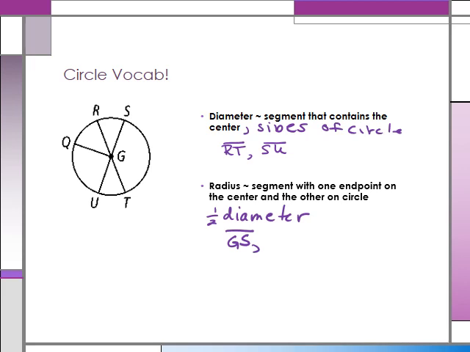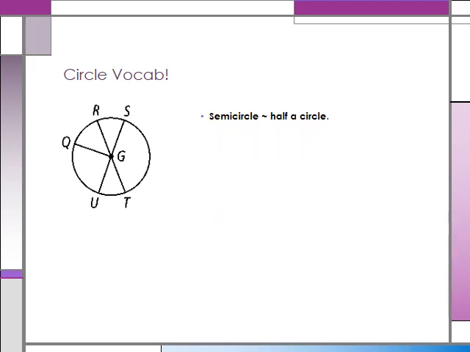We could have GT, GU, QR, GR, looks like I missed one, GQ. Okay, and the G's don't necessarily have to come first, but when we are naming a diameter or a radius, you must have the segment bar above it because they're segments.